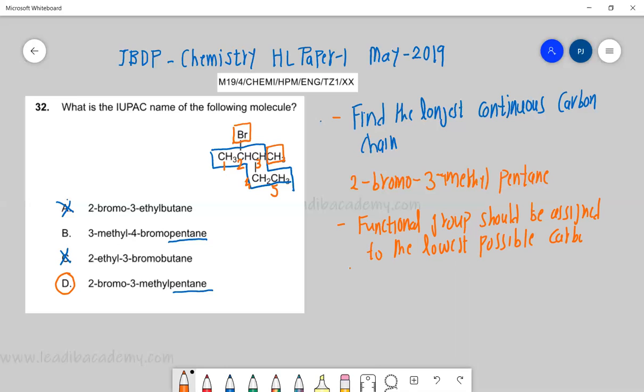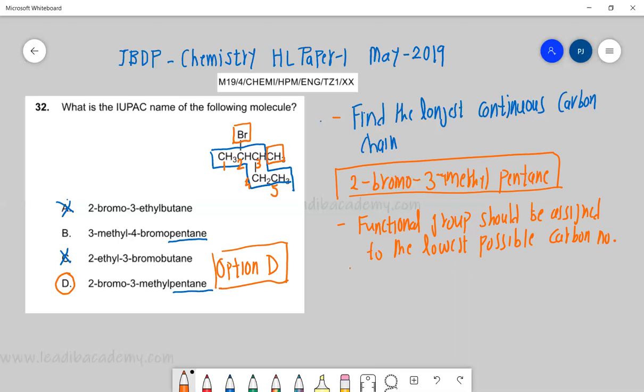Okay, that's all. So this is the answer: 2-bromo-3-methyl. That means the correct option is D. Very, very simple. Just follow the IUPAC nomenclature.